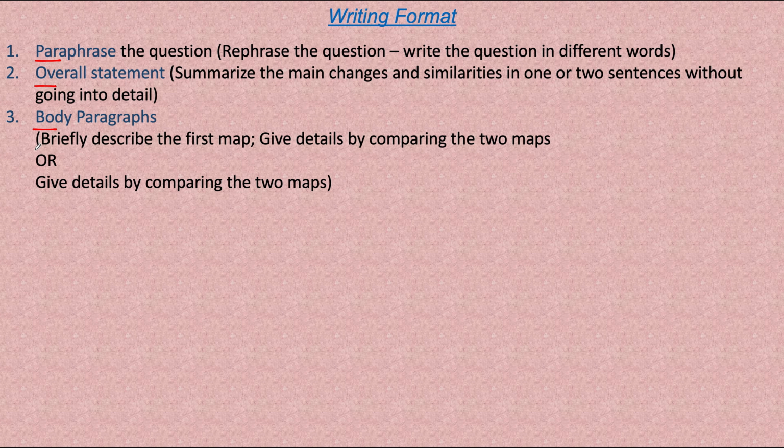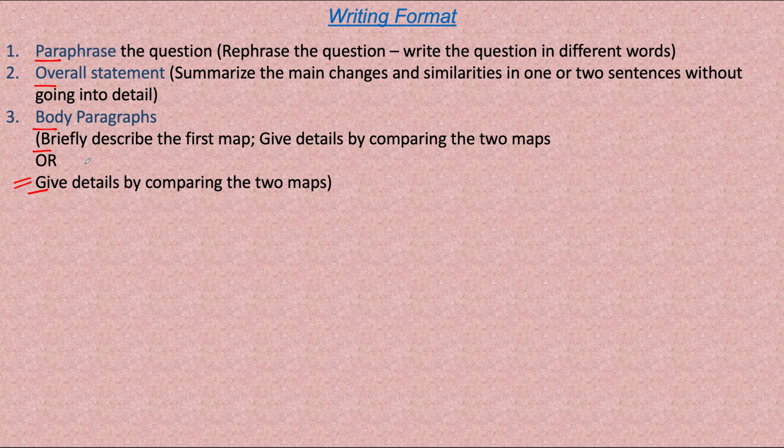For maps, there are two different ways to handle this. One way is that you compare the two maps. You start by giving out the details of similarities and differences between the two maps, and as you are doing it, you discuss both the maps simultaneously.